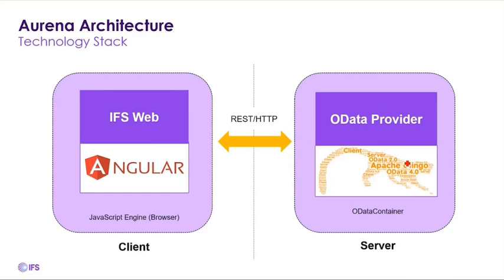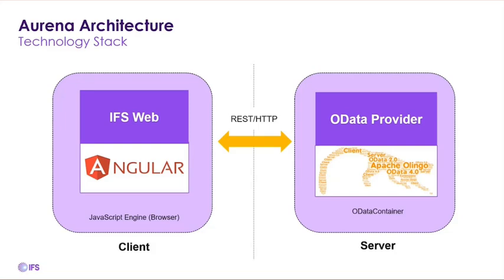And to develop this IFS OData provider, we also make use of a third-party library called Apache Olingo. You might remember I have also showed you where this is located yesterday. How can you download this yesterday too?